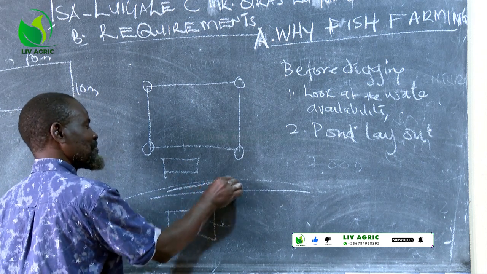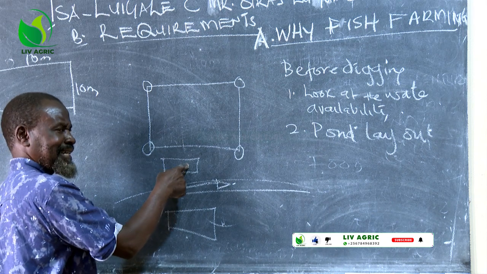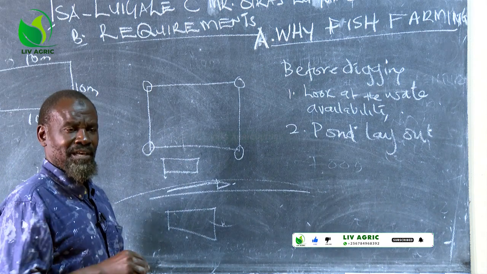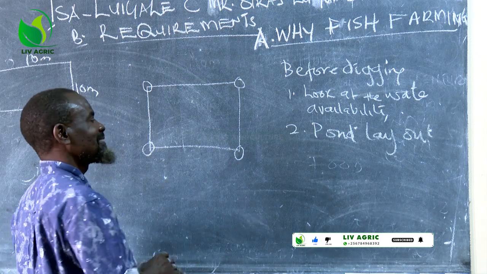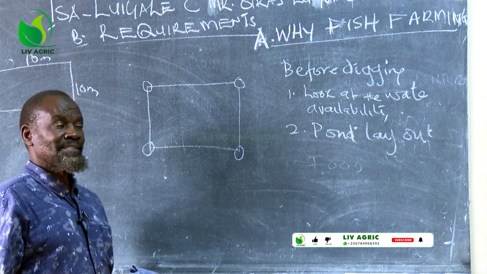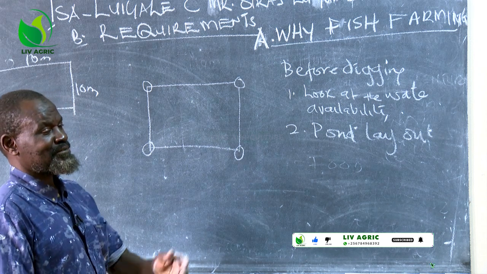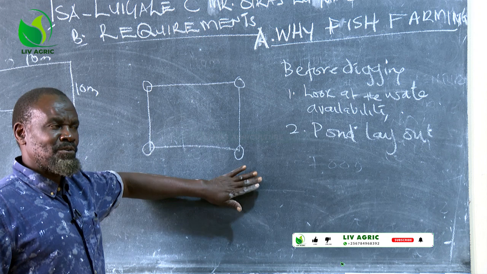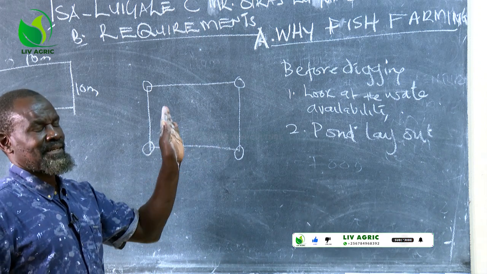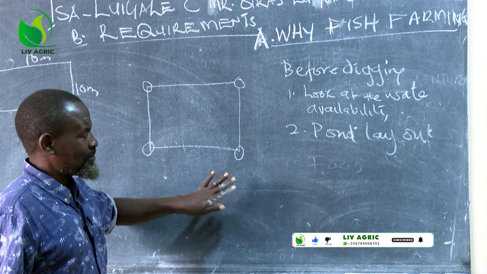Having this as a stream, do we place the pond here or the pond there? So we must go with an expert, an advisor, a consultant who will tell us that, please, I think according to the water flow, let us place the pond here. According to the water availability, let us place the pond here.